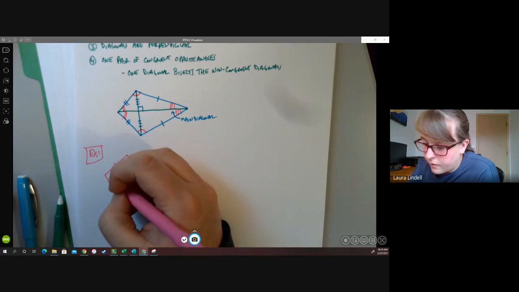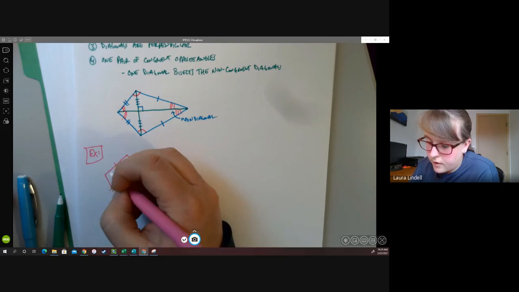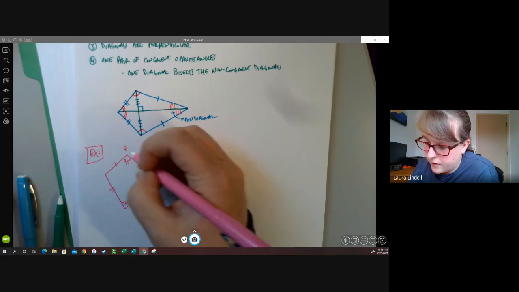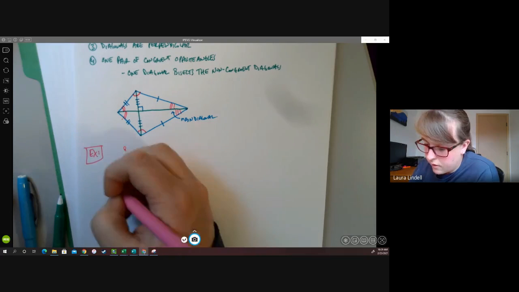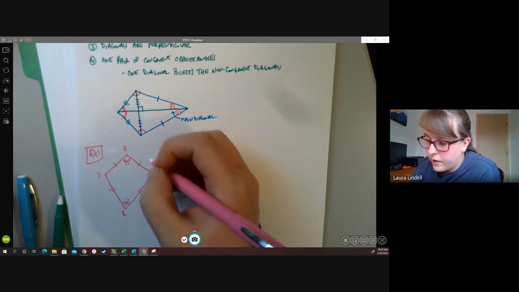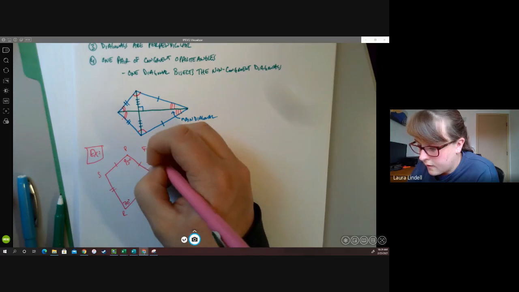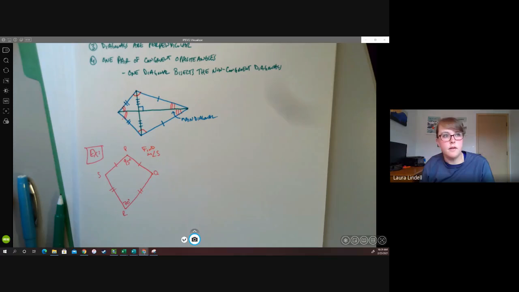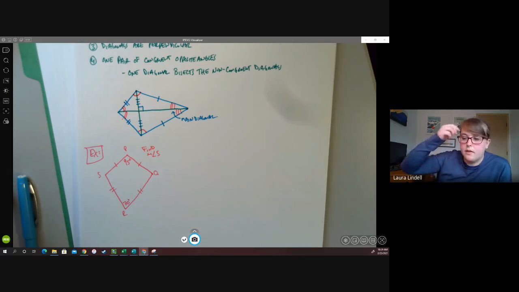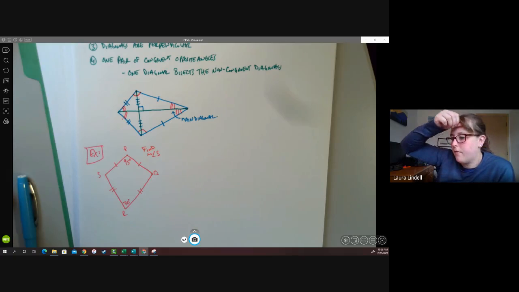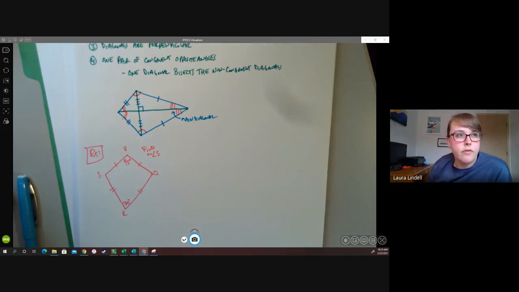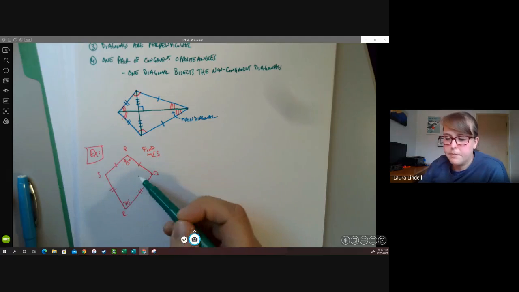And we want to know, let's see, we'll call this thing PQRS. We want to know what is the measure of angle S. Okay. So if this is a quadrilateral, what do all four angles together add up to?